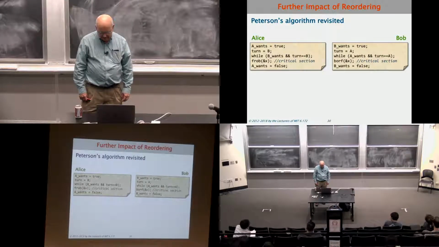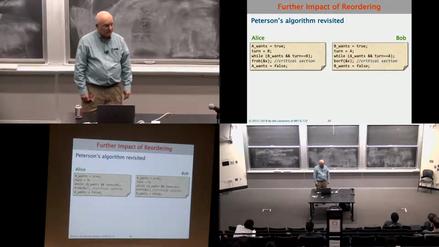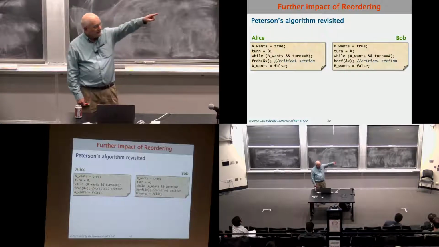Maybe. Let me think. That's not the one I chose, but maybe that could be right. Well, you can't move the load of turn before the store to turn. Oh, right.